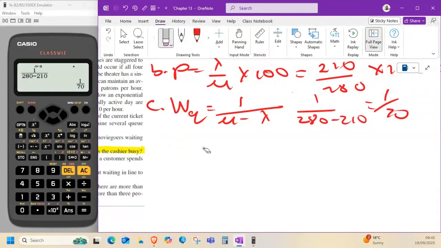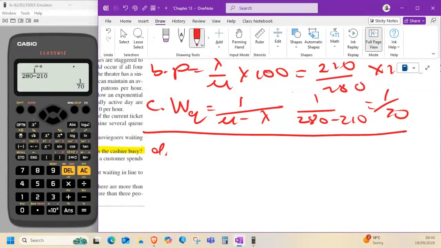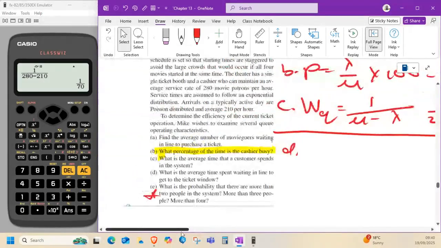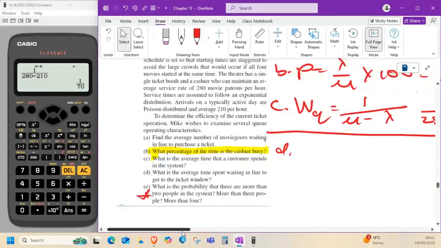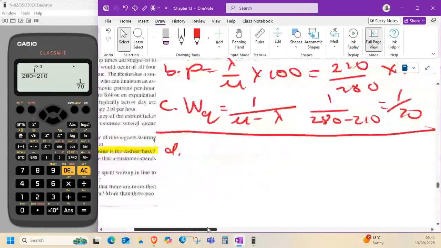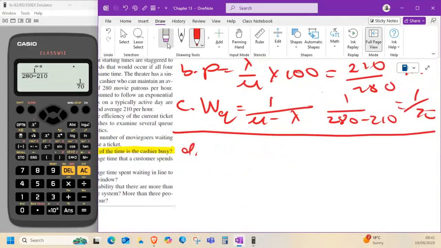Let's do the T. What is the average time spent waiting in the line? What is the average time that a customer spends in the system? Now I must go back to the formulas.